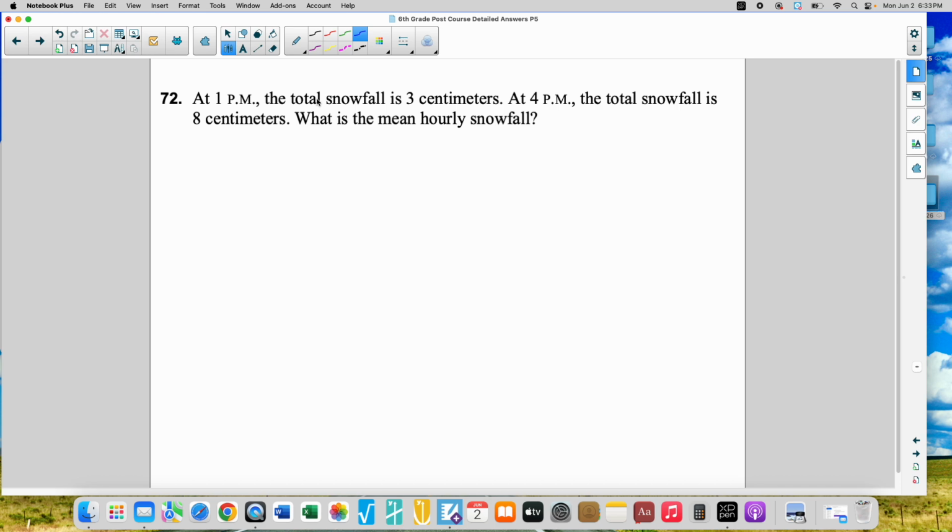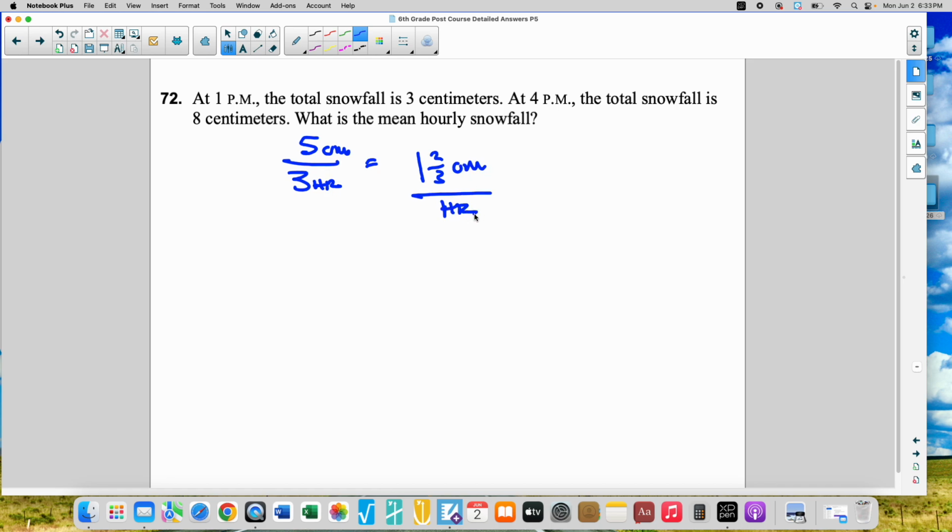What time are we starting? 1 p.m. the total snowfall. So I'm assuming it's 3 hours, and the difference is going to be 5 centimeters. So the average is going to be 1 2/3 centimeters per hour.